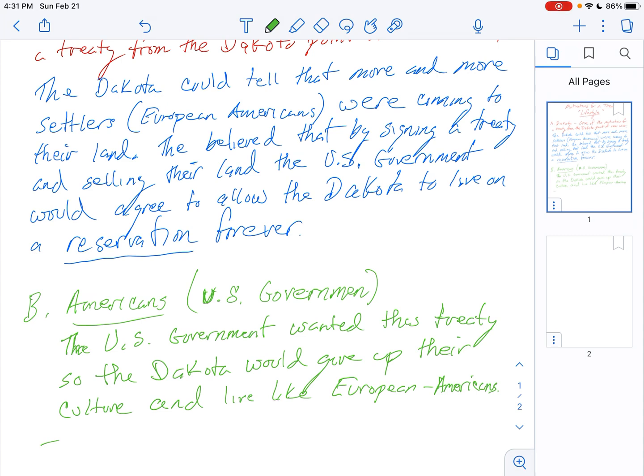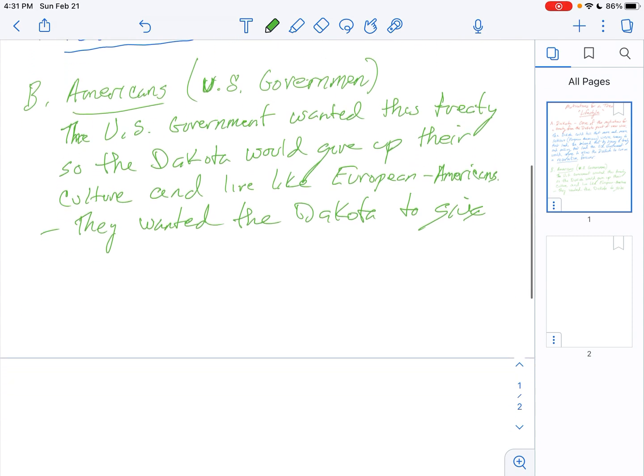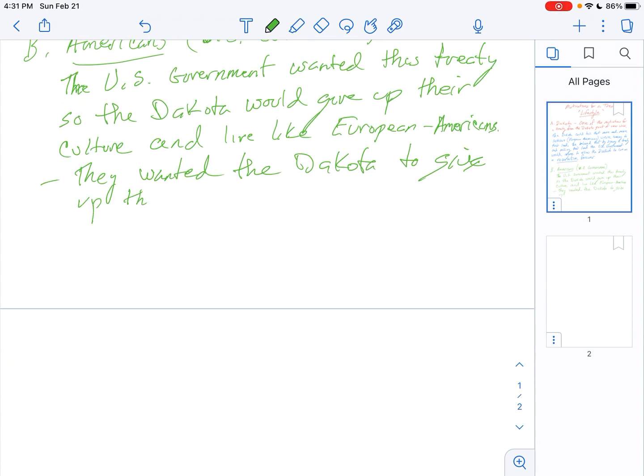They wanted the Dakota to give up their religion, way of life, in other words, become farmers like the white man.